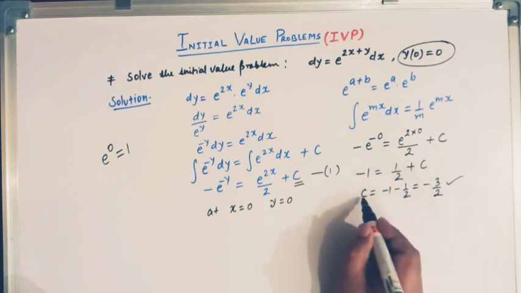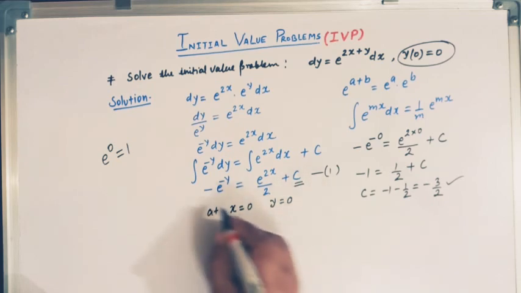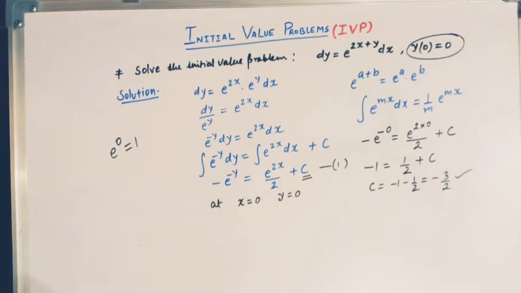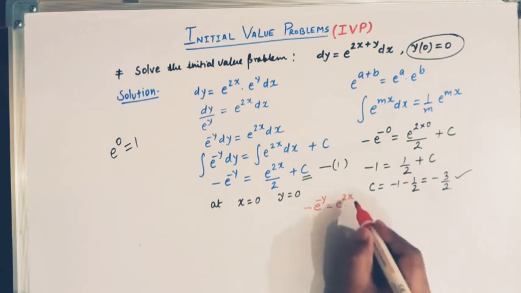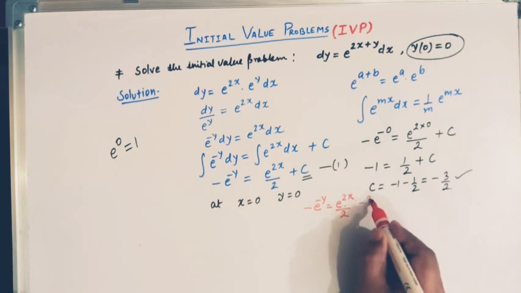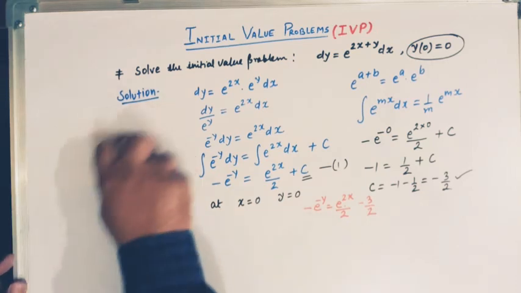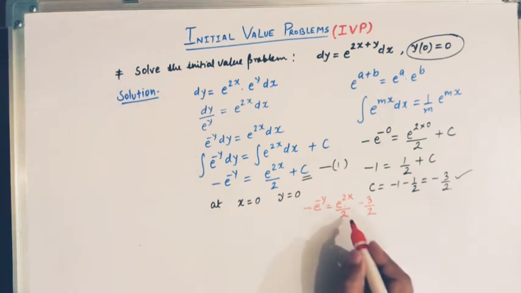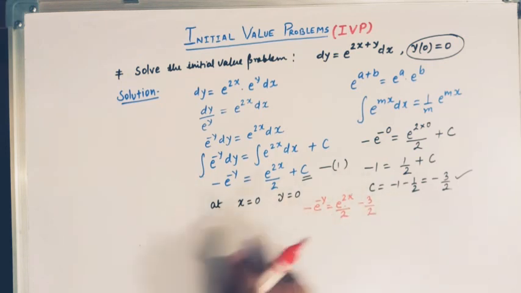Now substituting this value of c in equation number 1, we can write this equation as minus e raised to minus y, and here we have e raised to 2x divided by 2, and for c we have minus 3 over 2, right? Okay, so now we'll simplify this expression, and we can multiply throughout by the negative sign.